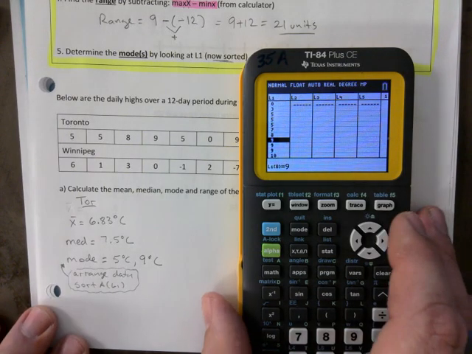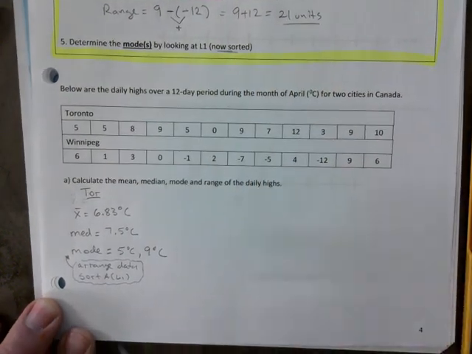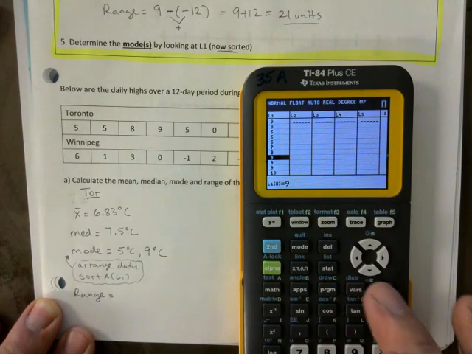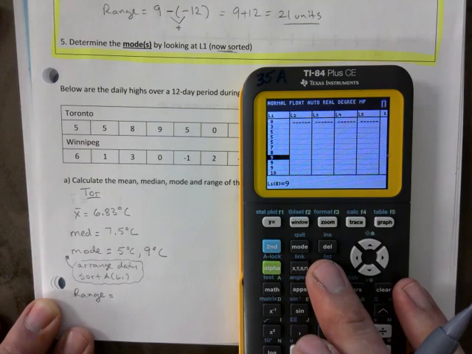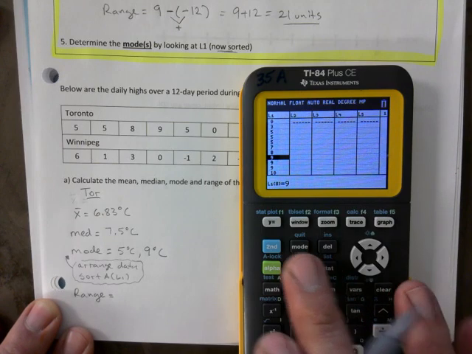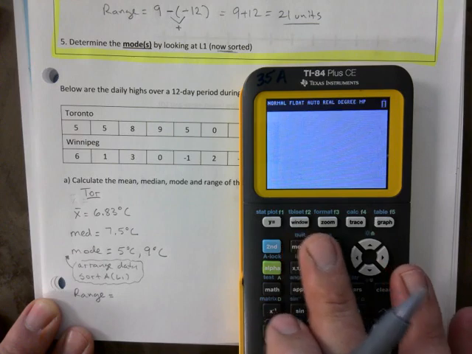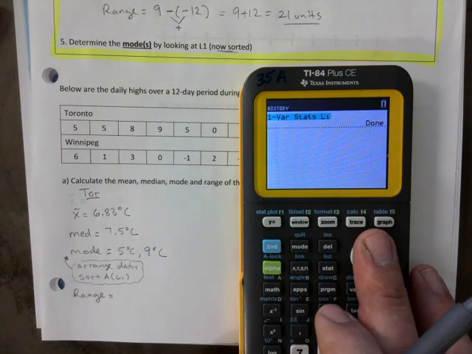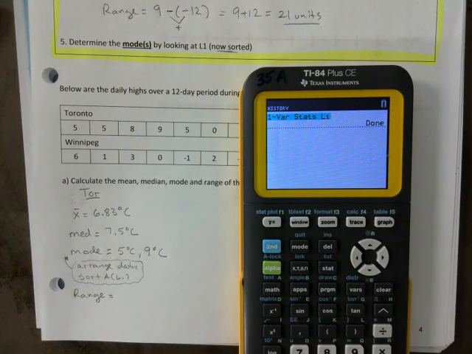Let's figure out the range. I'm jumping a little bit all over the place here, I apologize. I'm going to quit this screen, go back to my main screen, and everything you did is gone. So I just scroll back up and execute the program again.